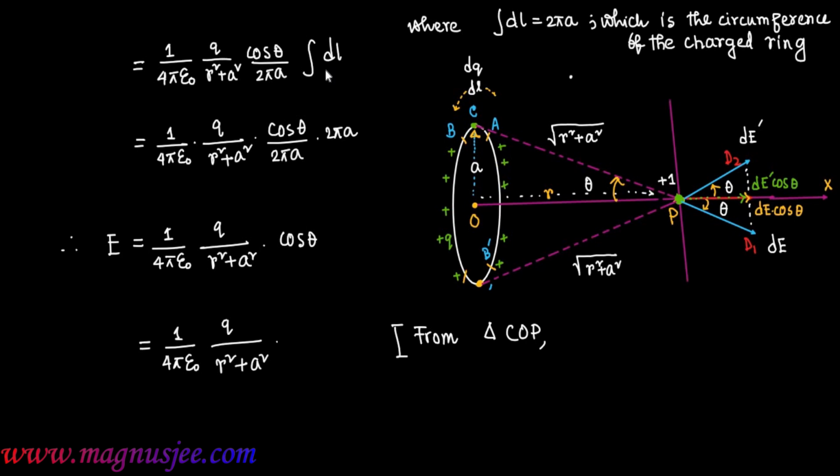In the triangle COP, the angle CPO is theta, and cos theta equals OP divided by CP equals r divided by root over r square plus a square. So in place of cos theta, we can put r divided by root over r square plus a square.